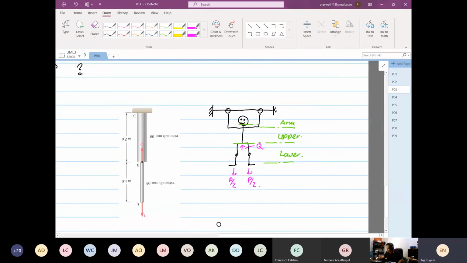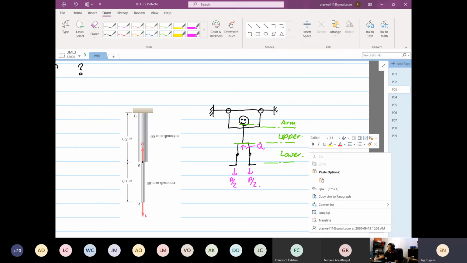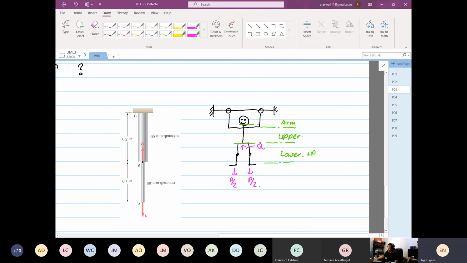Now you can see the lower, where the force is applied. Can it feel Q or no? What can the lower feel? It can only feel the tensile P/2. So your hip, I'm pulling you down, your hip can feel the P/2.